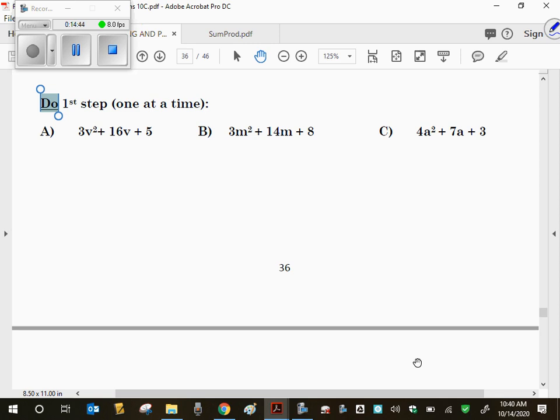Okay, the first step is this. The product is 3 times 5, 15. The sum is 60.